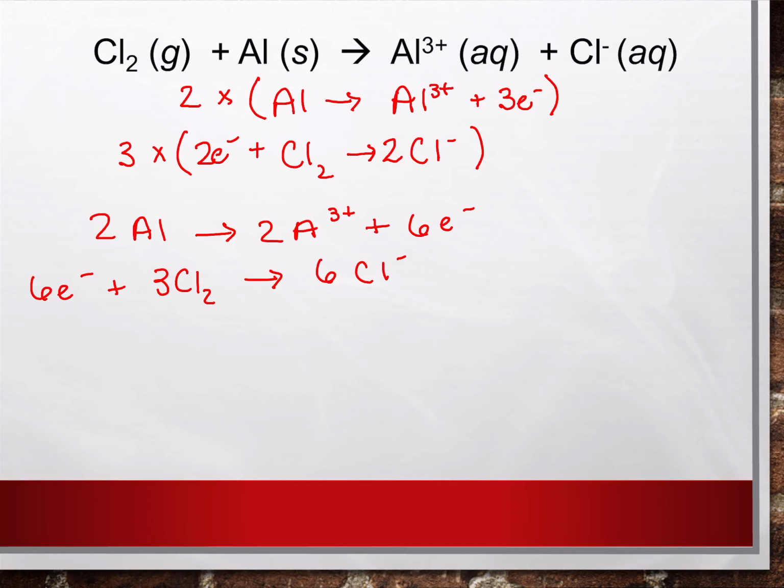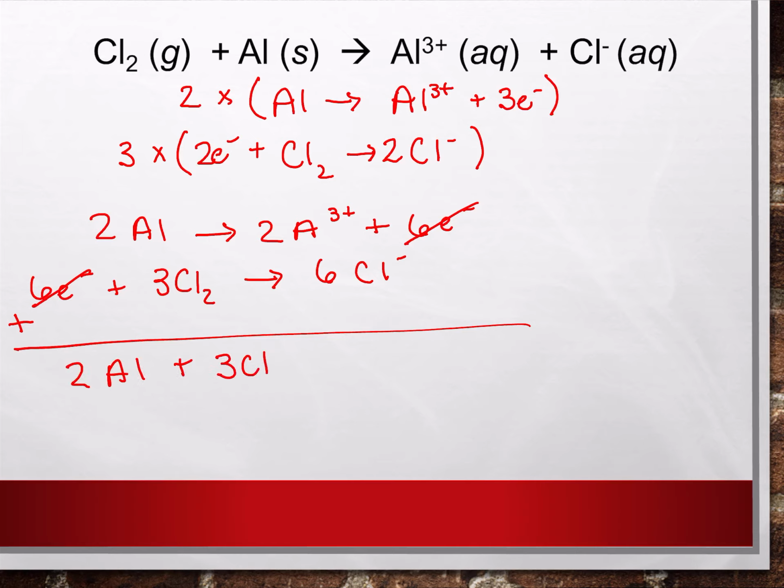Okay, so now our electrons will cancel out in the top reaction and the bottom reaction, right? When we add these together, we can add everything else straight down. So 2Al plus 3Cl2 gives us 2Al3+ plus 6Cl-.